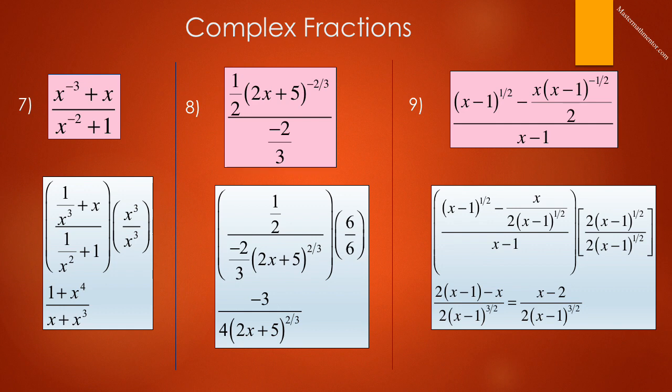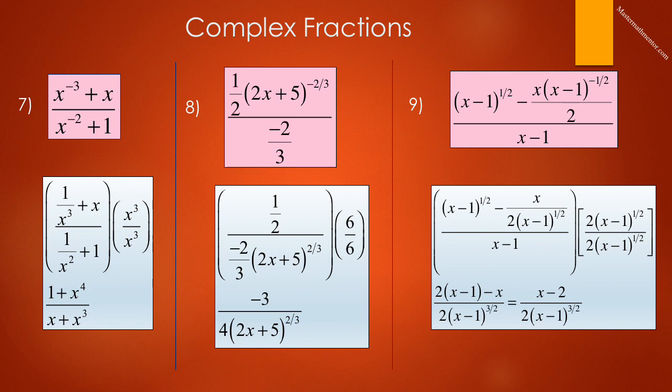So we end up with x minus 1 to the 1/2 minus x over 2 quantity x minus 1 to the 1/2, all over x minus 1. The expression that will clear out the terms is x minus 1 to the 1/2, and we will also throw in a 2.